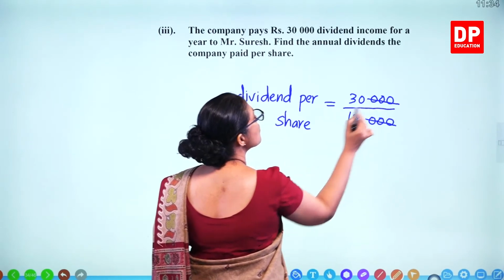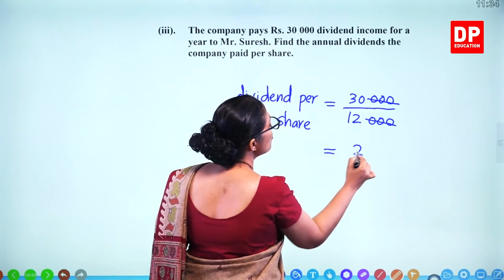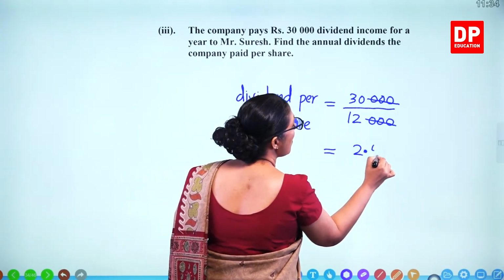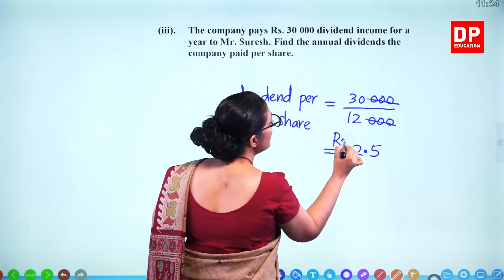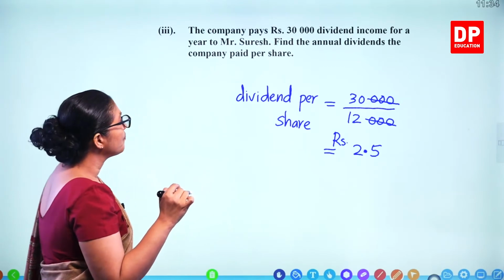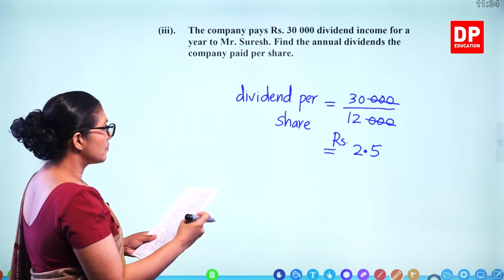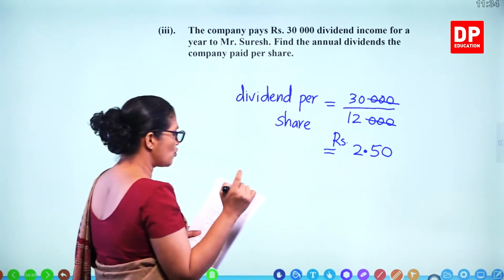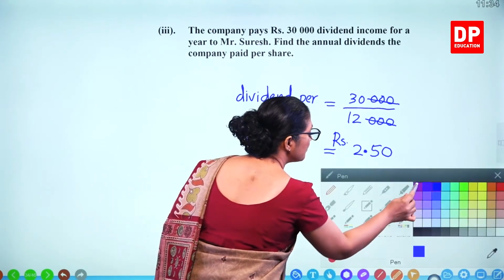So 3 zeros. So 12 times 2, 24 and for 60 that's 5. So 2.5 rupees per share. So third part, and you can put 2 rupees and 50 cents, 2.50, 2 marks for that.